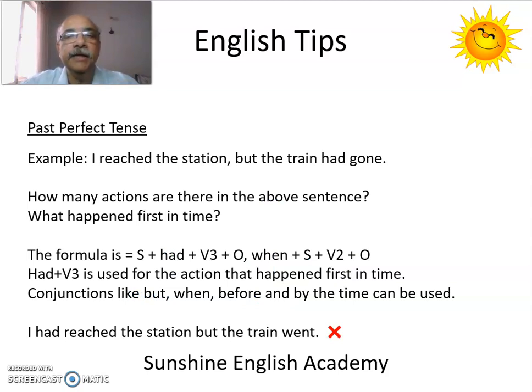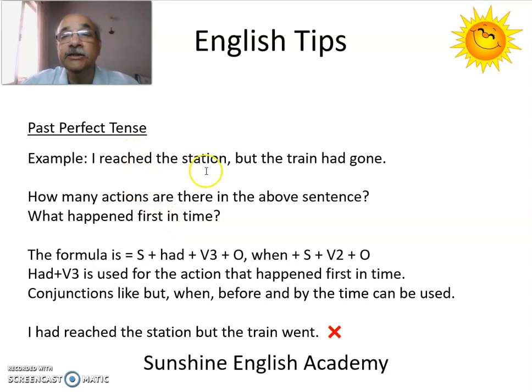Now let us look at our sentence again. I reached the station, but the train had gone. Now, how many actions are there in the above sentence? There are two, right? One is reached and the other is had gone. Okay, now which of the two actions happened first in time?